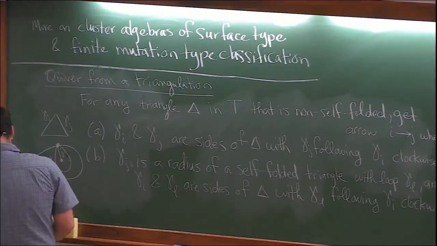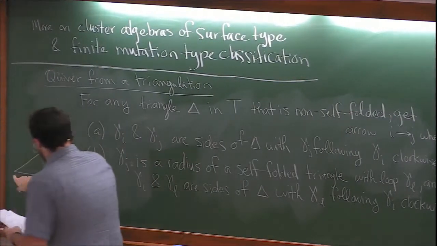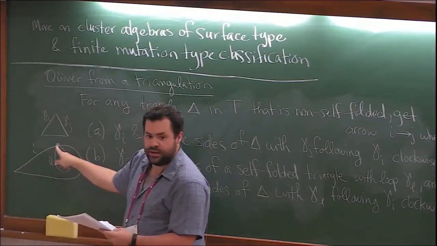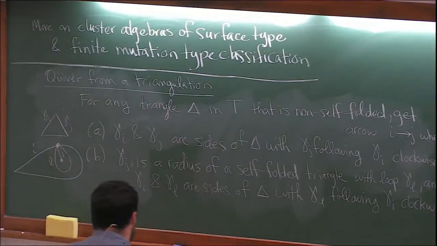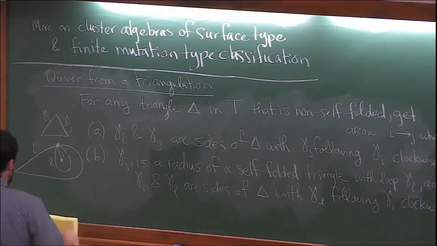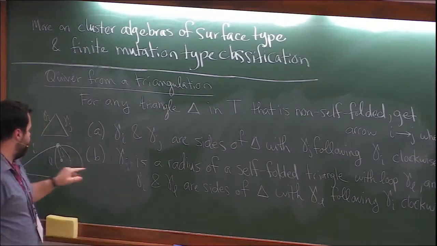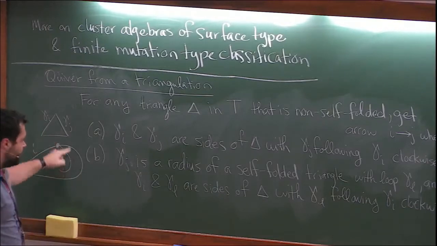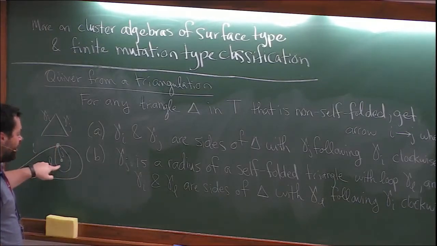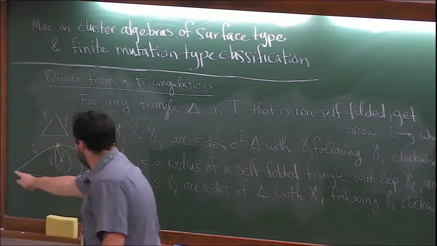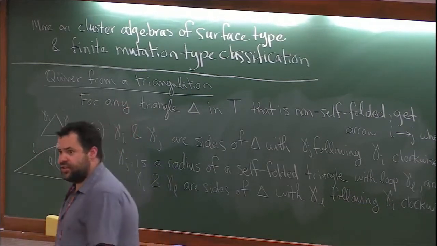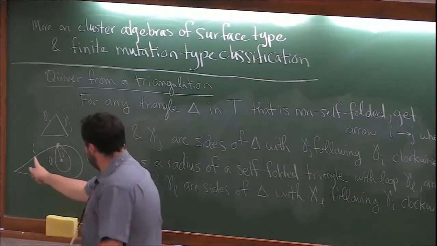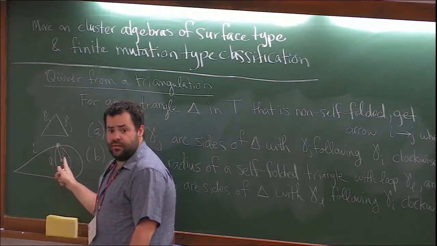The loop, I'll call it L. And this segment from here to here is called i. So in this situation, gamma j is a radius of this self-folded triangle. It has a loop gamma L, and gamma i and gamma L are sides of some triangle. Here's the triangle, 1, 2, 3 sides. Okay, so in this situation, I'm going to have an arrow from i to j in my quiver.